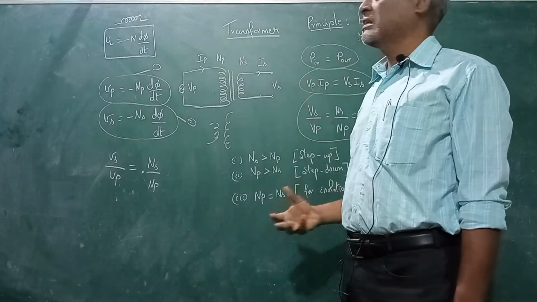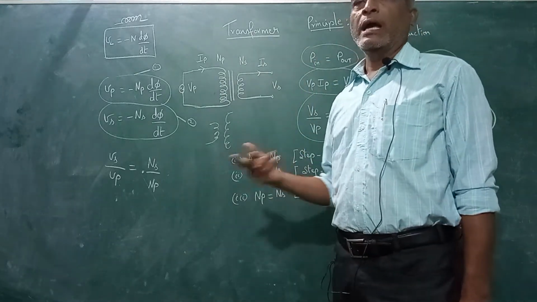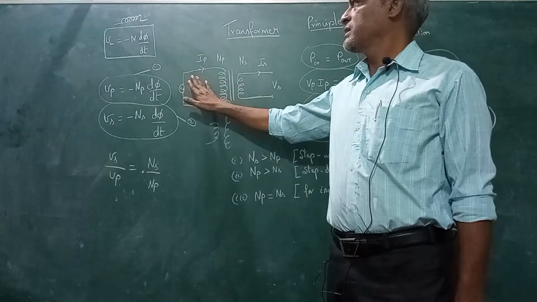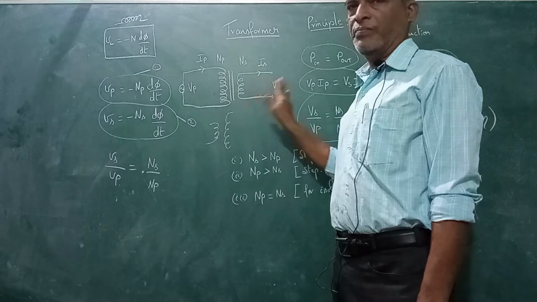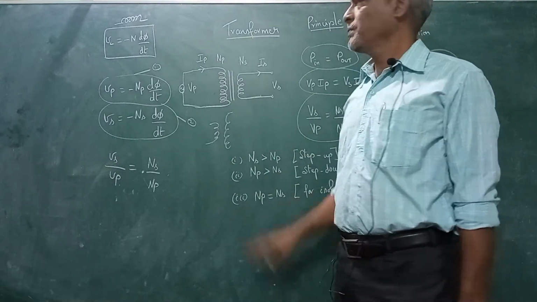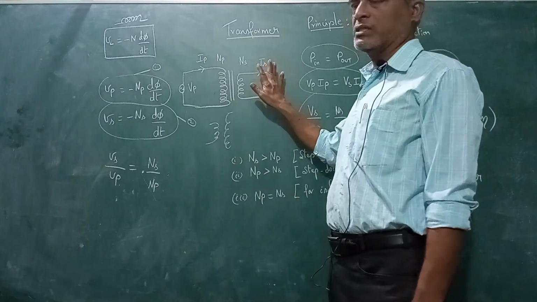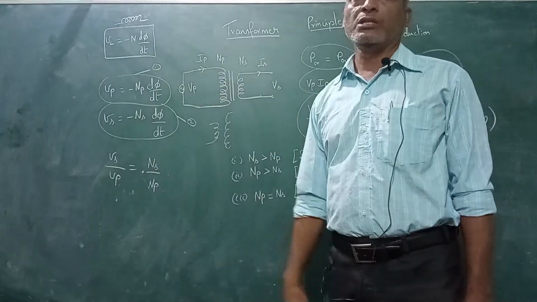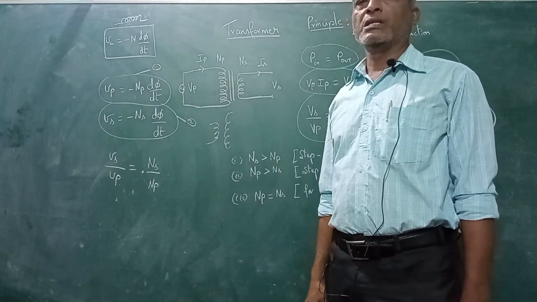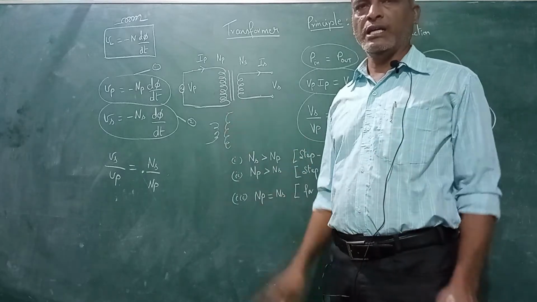If an electrical fire or anything happens on the primary side, it will affect only the primary and the secondary is not affected. Suppose there is an electrical short or something happening in the secondary side, nothing is going to happen in the primary side because both are isolated.